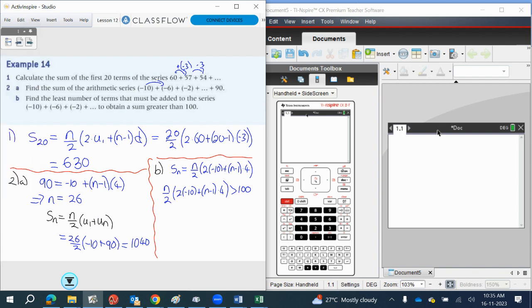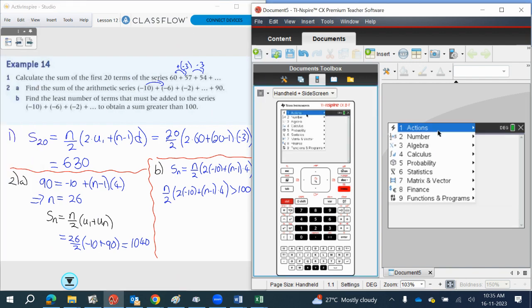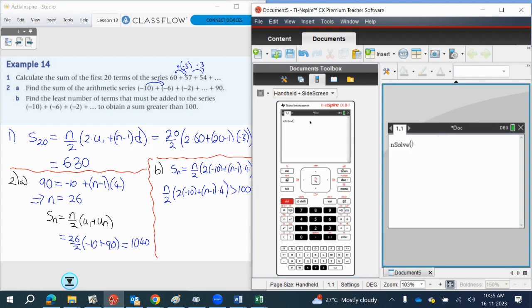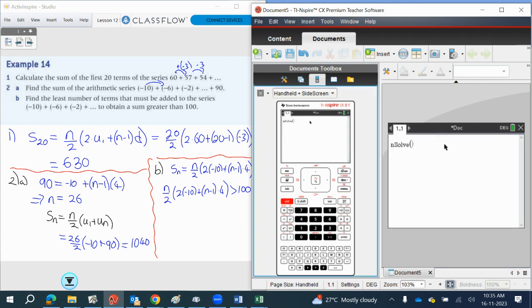Okay, so we want to solve this inequality. We press menu, algebra, and solve. We type in our equation. We've got n over 2 multiplied by bracket 2 times bracket negative 10, close bracket, plus bracket n minus 1, close bracket, times 4. I'm missing a bracket actually.